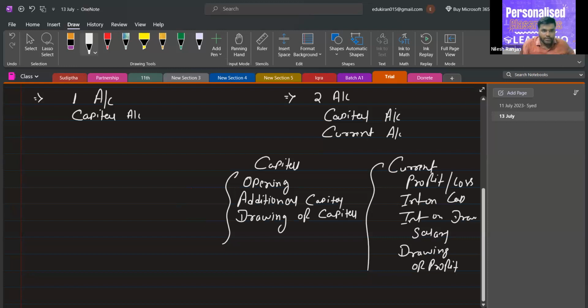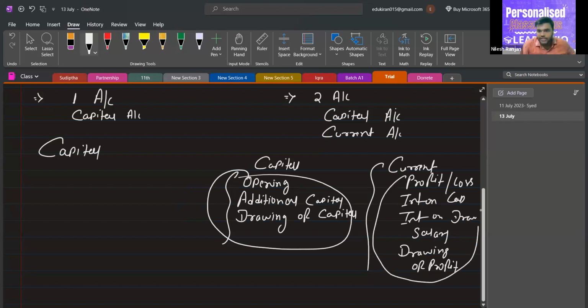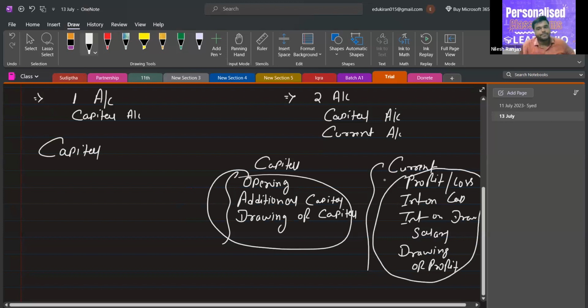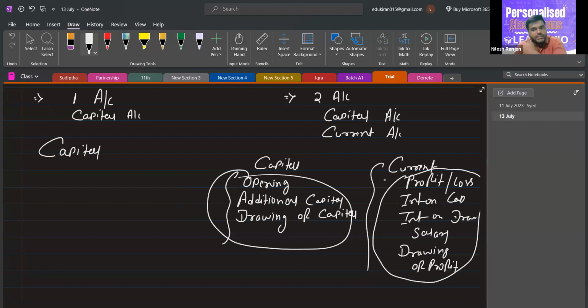Now in this method, fluctuating capital method, there is one account only, and all these items are written in that account. Now you can understand the effect. It will change our capital all the time.